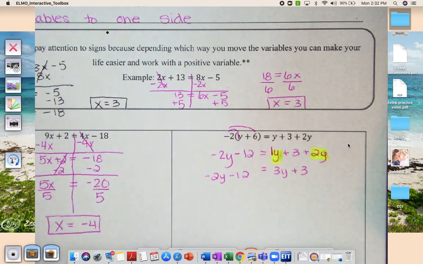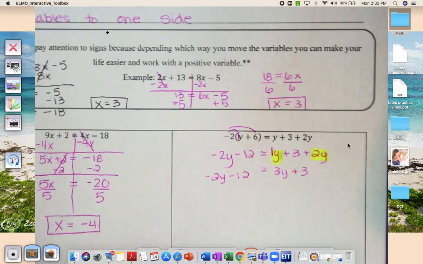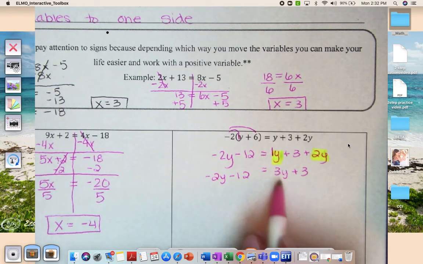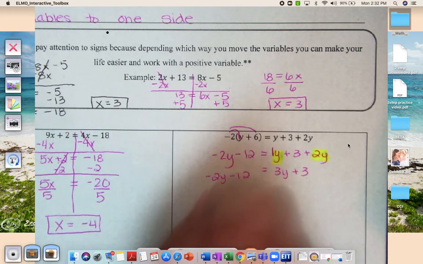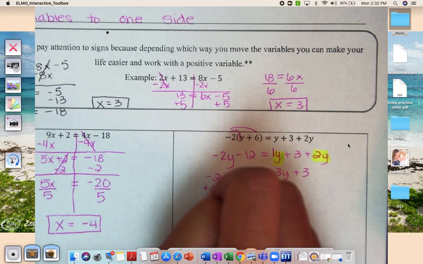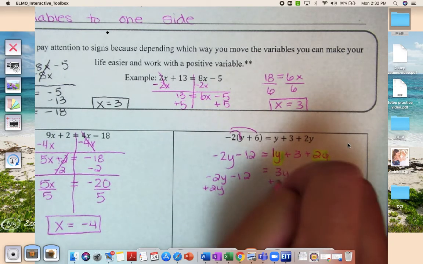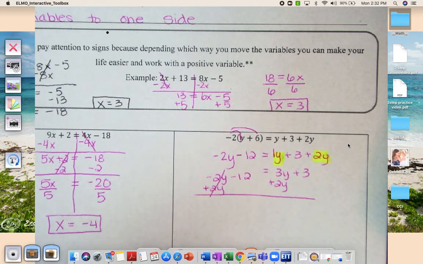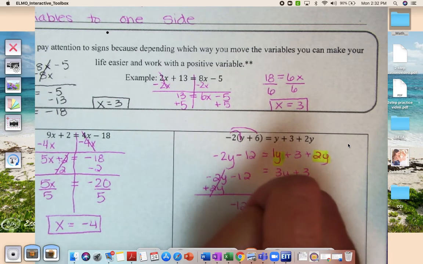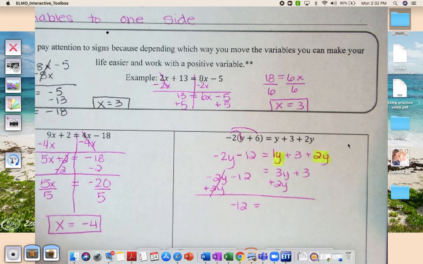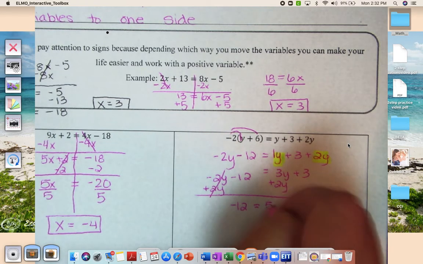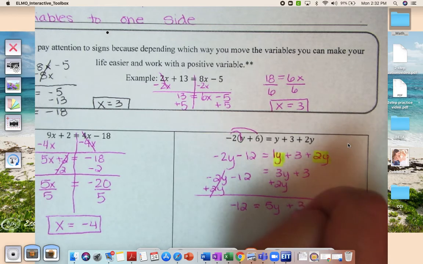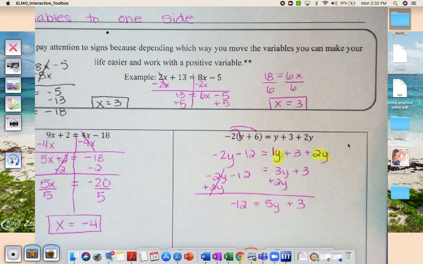So again, I want to keep my y's positive if possible. So I'm going to shift this 2 on over. It's minus, so I'm going to add. This cancels out. Negative 12 is coming down. 3y plus 2y is 5y. And this plus 3 is still there. Now I need to scoot that constant away. I need to get rid of 3.